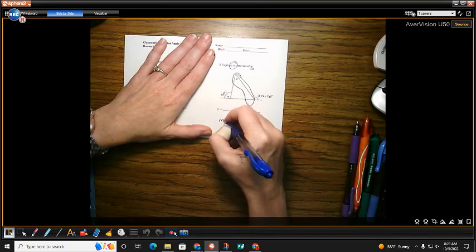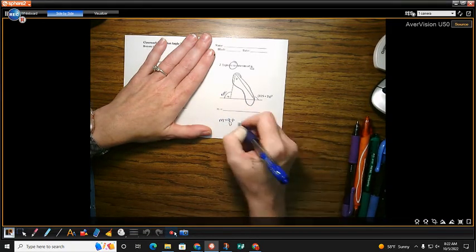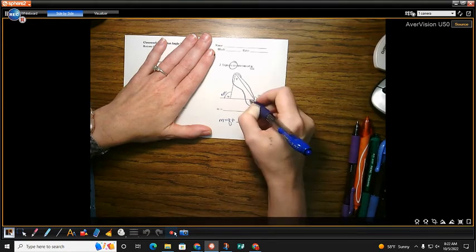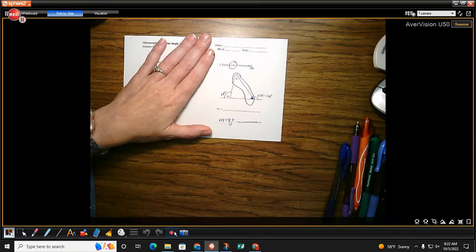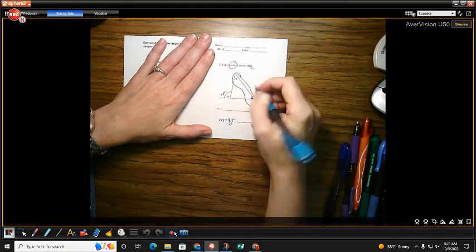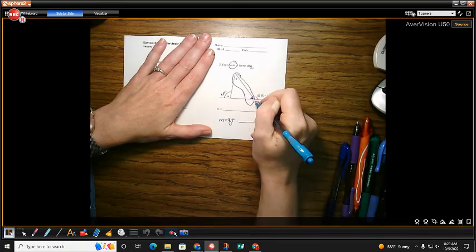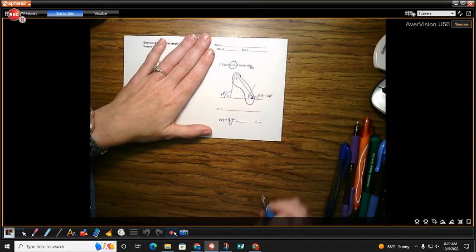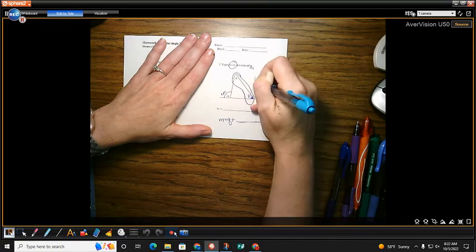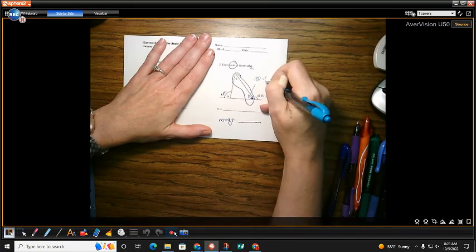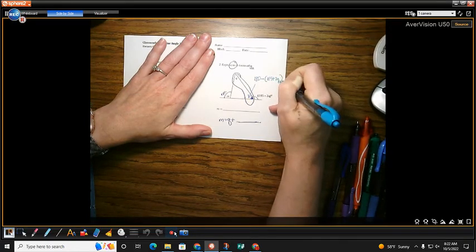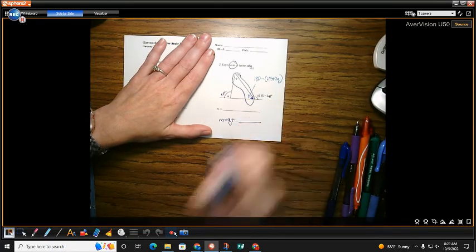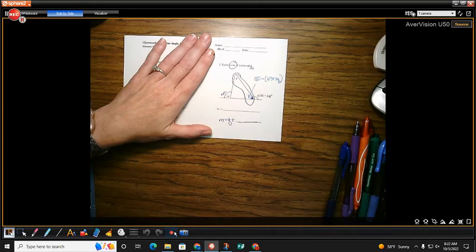So m equals q plus, but I don't have anything to add here. These are supplementary. How do you find that supplementary part? Subtract from 180. So 180 minus this 115 plus 2q will give me the interior angle I need.